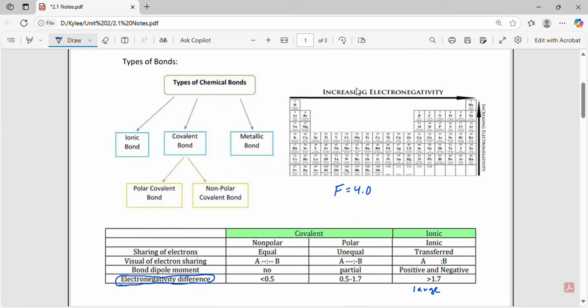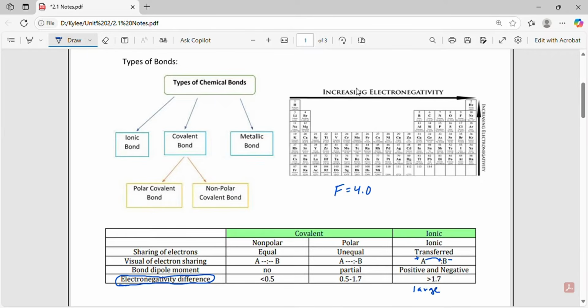I have a transfer of electrons. And this is what we call an ionic bond. So if A transferred the electrons over, then A would be positively charged and B would be negatively charged, and it's that positive and negative that attract each other. That's what makes an ionic compound.